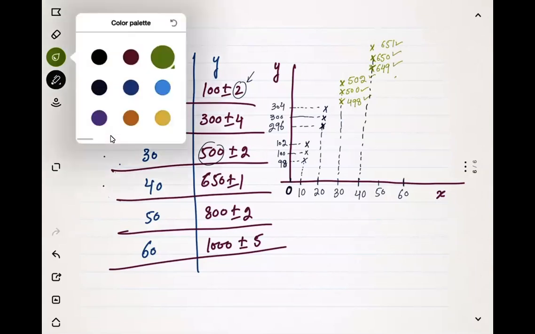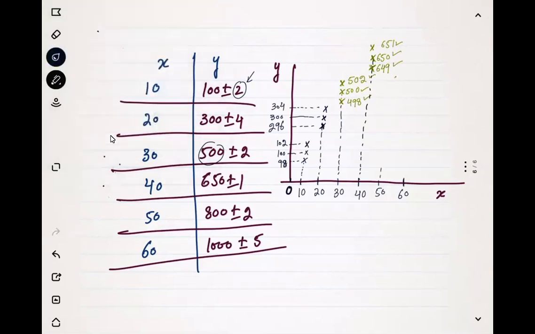At 50, the 3 points are 800, 802, and 798.